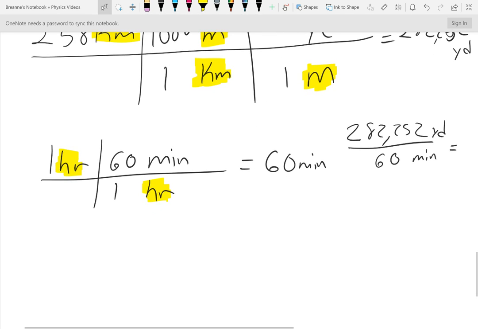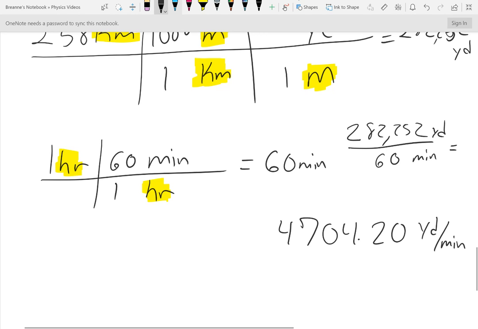So when we divide those numbers, you get 4,704.2 yards per minute.